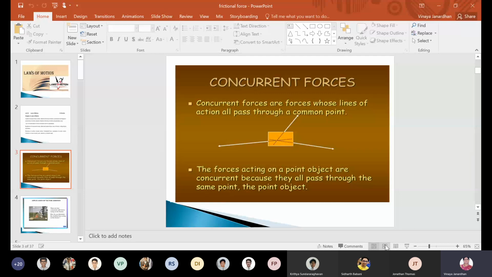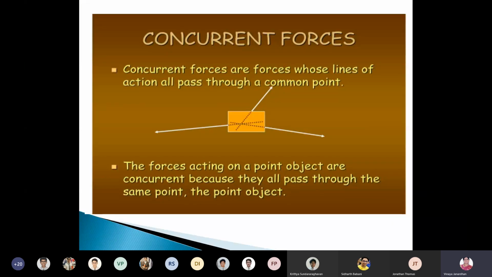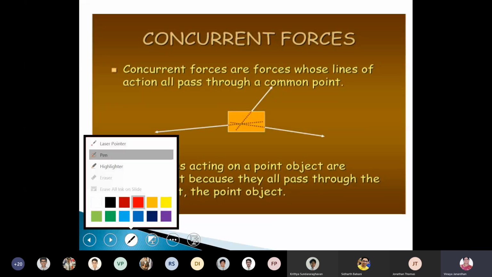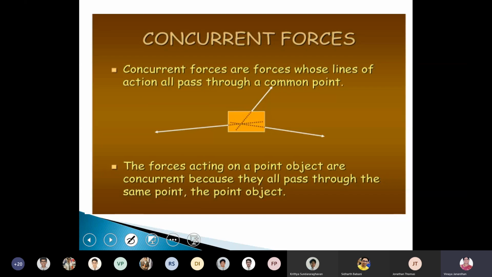Okay, let us start with concurrent forces. What do you mean by concurrent forces? Suppose I consider a body. There might be n number of forces acting on the body, any number of forces. Concurrent forces are forces whose lines of action, suppose I consider force F1, and the dotted line represents the line of action of the force.